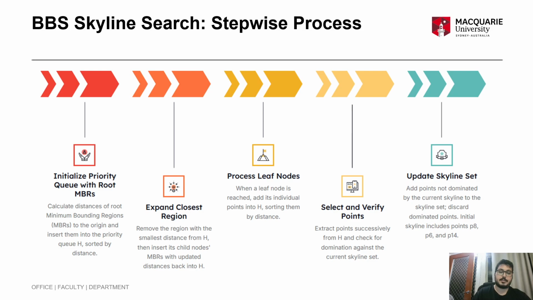If it doesn't, then we add it to the current skyline. We will do this process recursively until all the skylines are found and the HQ is empty.